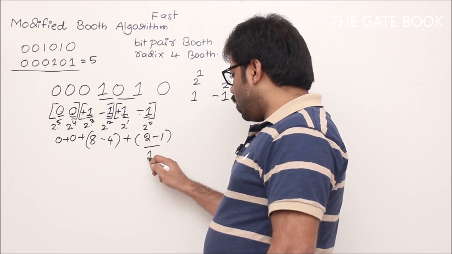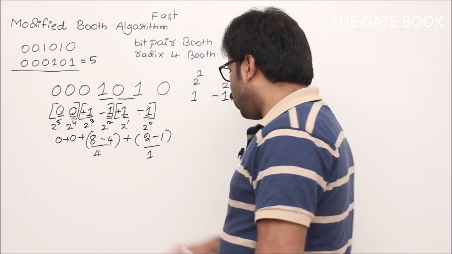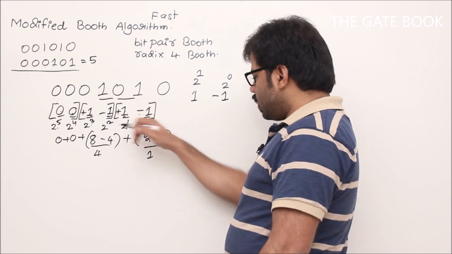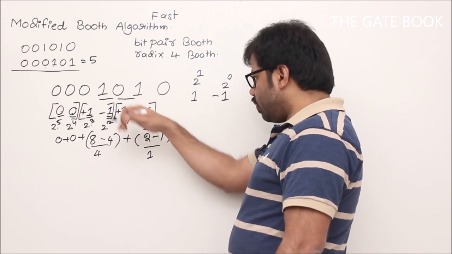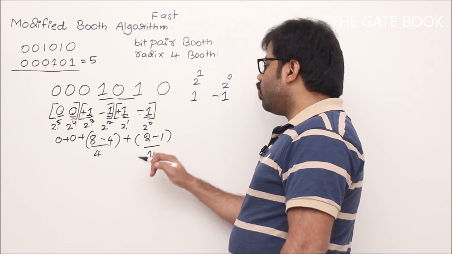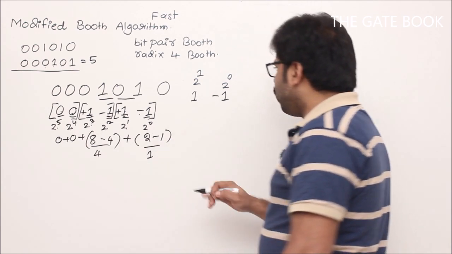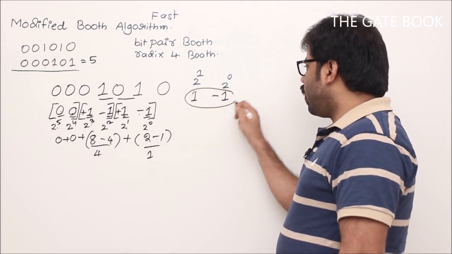So 2 minus 1 is 1, 8 minus 4 is 4. Here I would like to tell you one thing: for 1 minus 1, the weightage of this entire thing is overall 2 minus 1, which is 1. So whenever I have 1 minus 1, I am going to convert it into 1 digit.